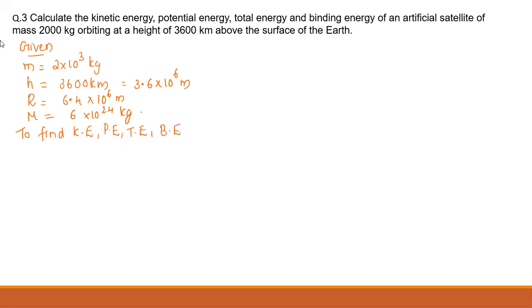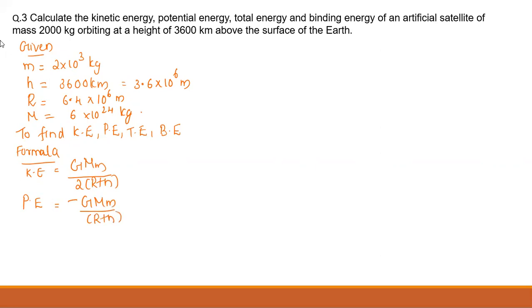We know that the formula for kinetic energy is equal to GMm upon 2 into (R plus H), and the potential energy formula is minus GMm upon (R plus H).